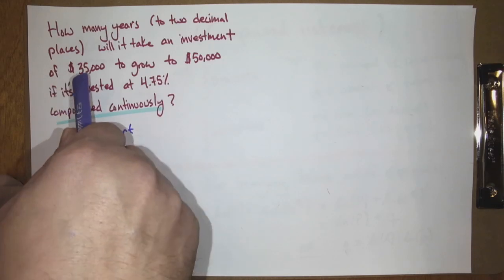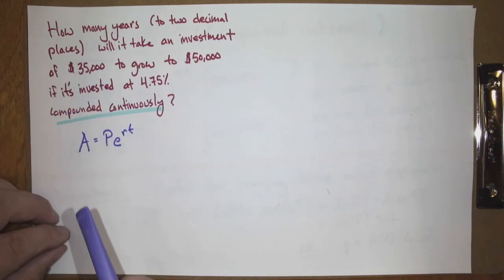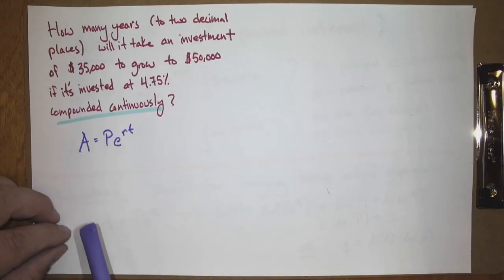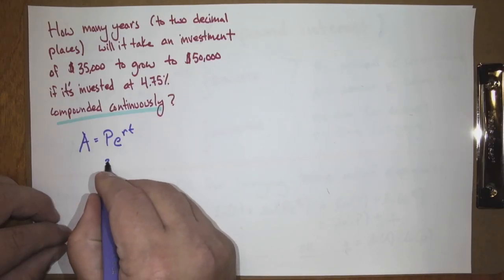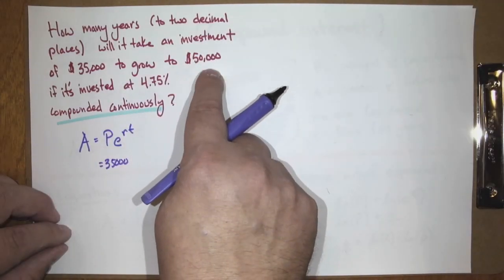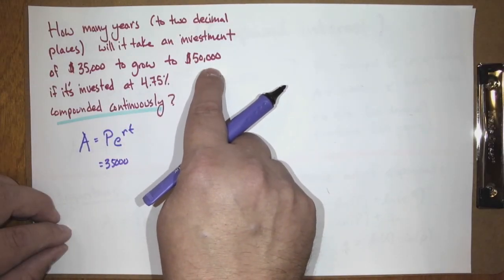So we have an investment of $35,000. Is that the initial or the future? It's the initial. So $35,000 goes in for the P. We want it to grow to $50,000, so that's the future.